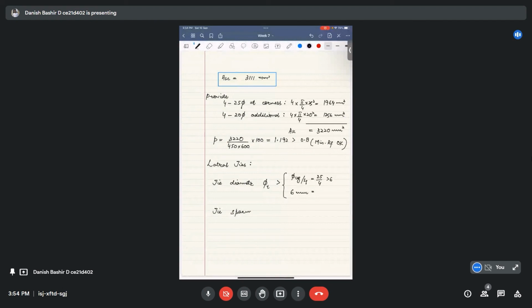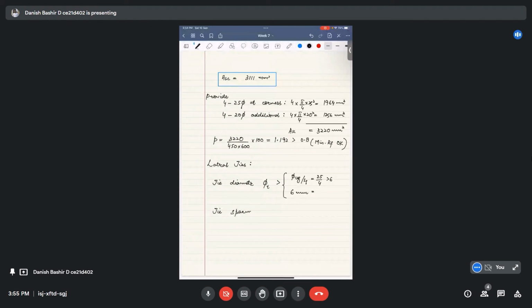As per code, the tie spacing St will be less than any one of the following: the least lateral dimension, or 16 times the minimum diameter of longitudinal reinforcement that we provided, or 300 mm.